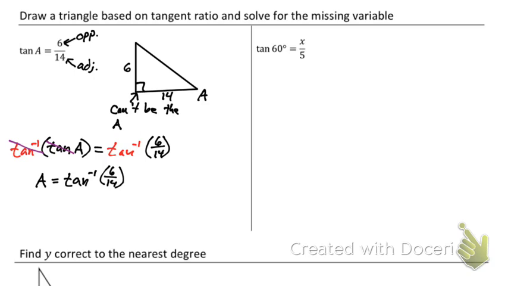But that's what we talked about yesterday. We said that tan inverse of the opposite over the adjacent spits back out our angle. So now we just need to plug that in our calculator, and we should get out about, I'm going to round to the nearest degree, 23 degrees. So that is a picture, and it also solves the actual A value.